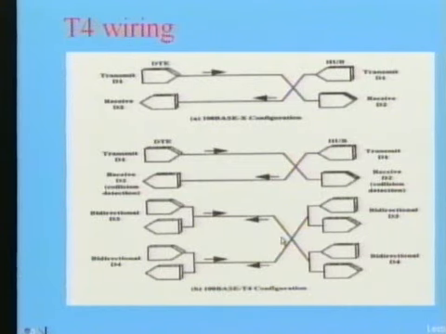100 VG LAN is the same for all of them. It has 4, 4. In here they have made this strange wiring. So, you have 4 pair of wires, but actually you are connecting 3 transmitters to 3 receivers.